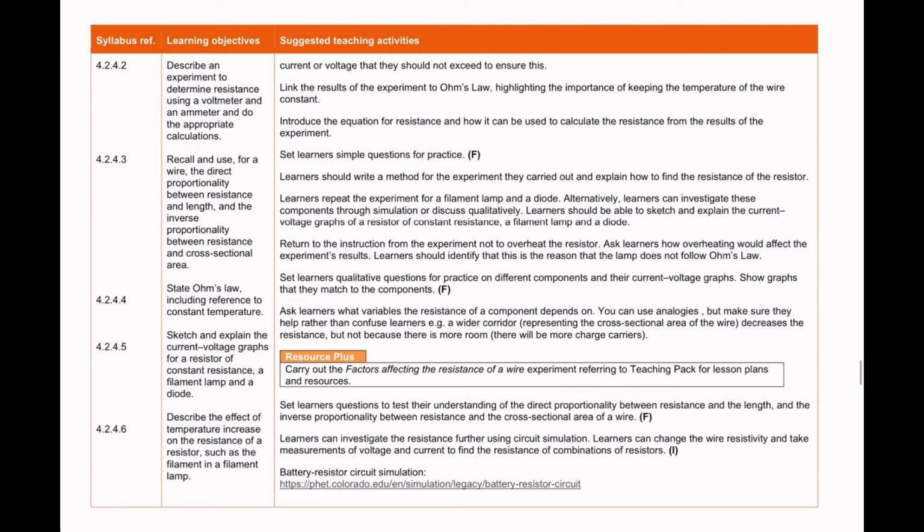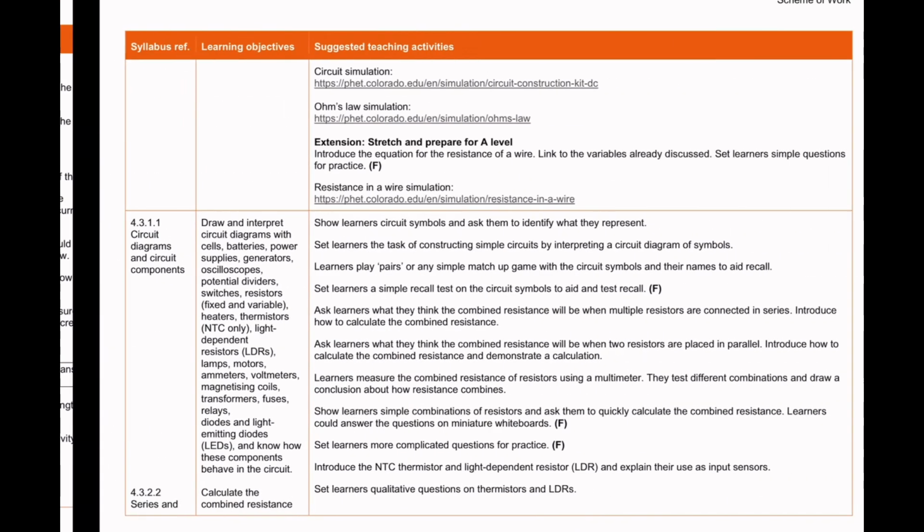State Ohm's law including reference to constant temperature. Sketch and explain the different current-voltage graphs for a resistor of constant resistance, a filament lamp, and a diode. Describe the effect of temperature increase on the resistance of a resistor, such as the filament in a filament lamp.